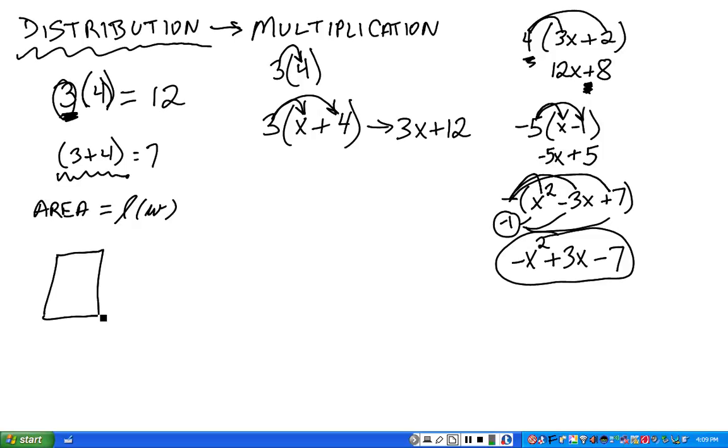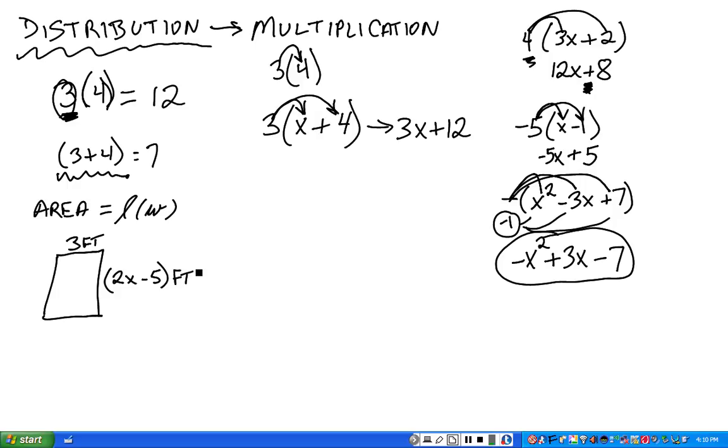I know it's not perfect, but let's say this is a rectangle, and it is 3 feet wide, and for the length we're going to say it's 2x minus 5 feet.